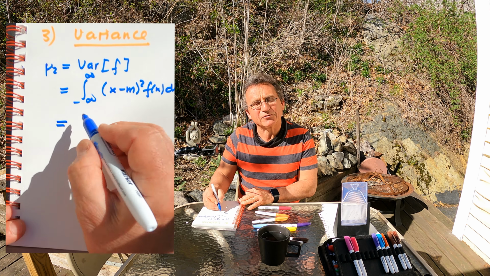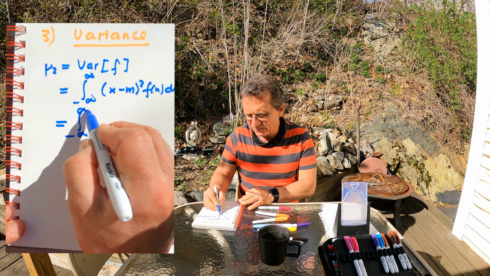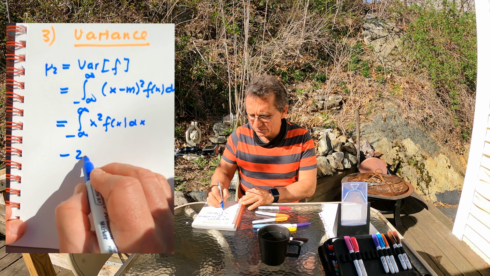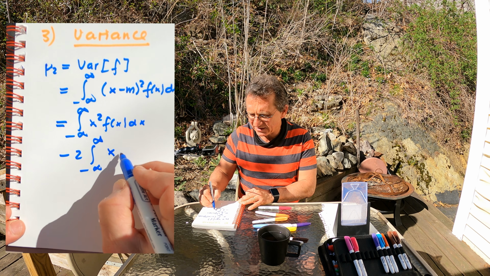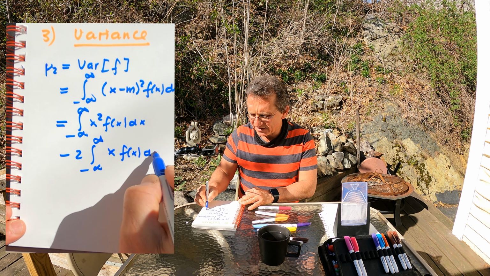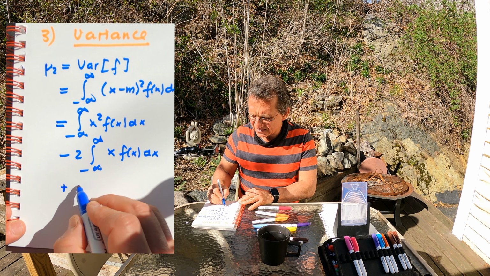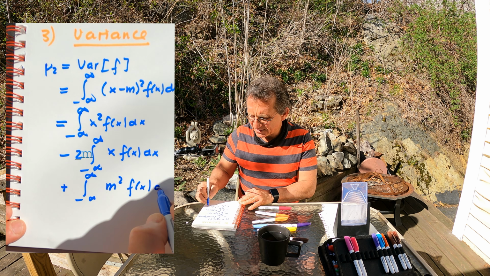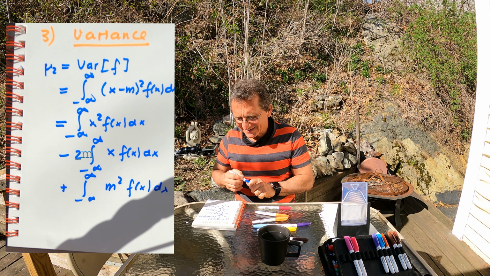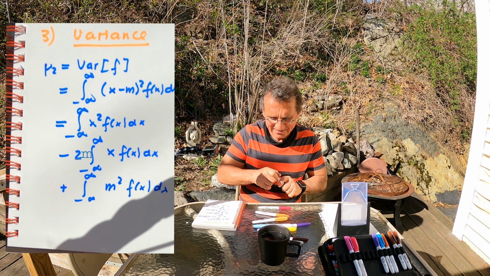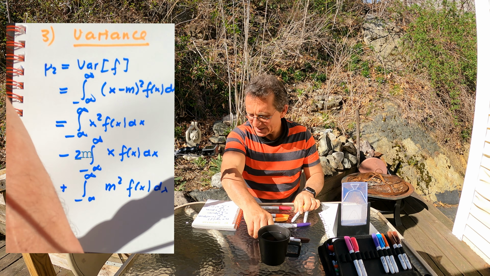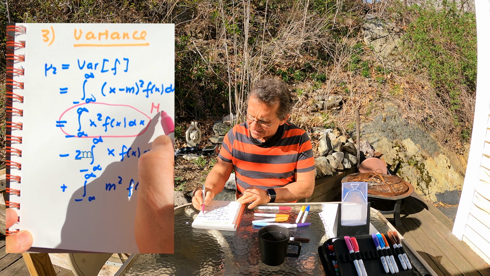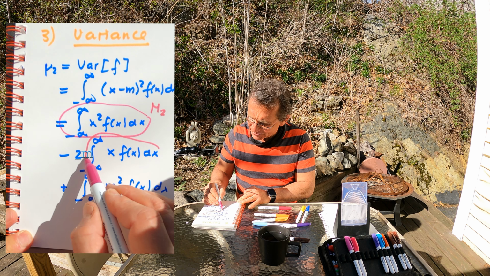Now we can FOIL this out, and we see that this is the integral from minus infinity to infinity of x squared f of x dx, minus 2 times the integral from minus infinity to infinity of x times f of x dx, and then plus the integral from minus infinity to infinity of m squared f of x dx. Now you can simplify that a little bit. This is what we called m2, the second moment. That was the first moment, right?